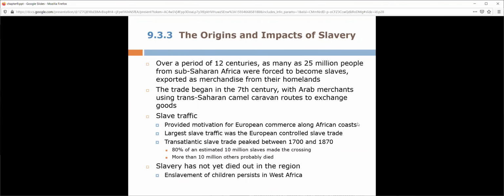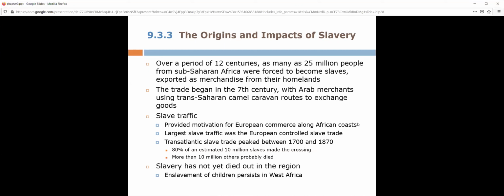All right, let's talk the part you got to hit when we talk about this part of the world: origin and impact of slavery. Over a period of 12 centuries, that's a long time, as many as 25 million people of sub-Saharan Africa were forced into slavery and sold from their homelands.